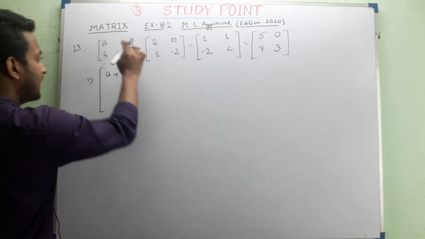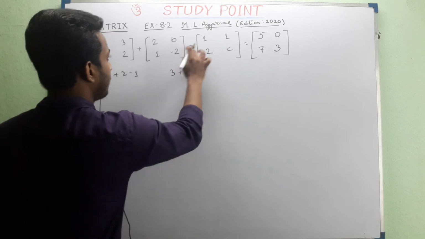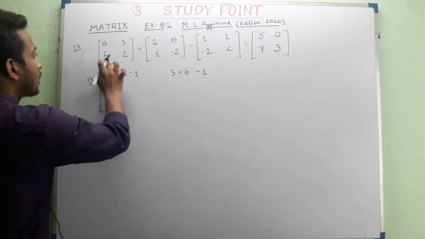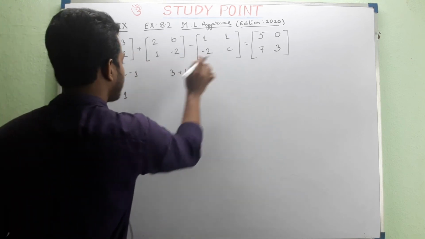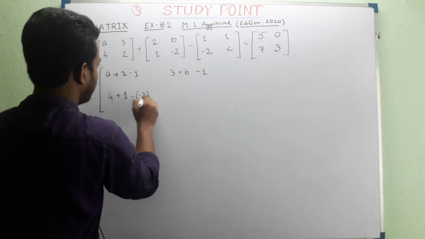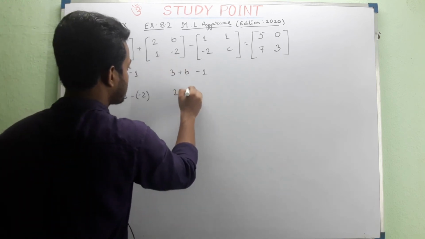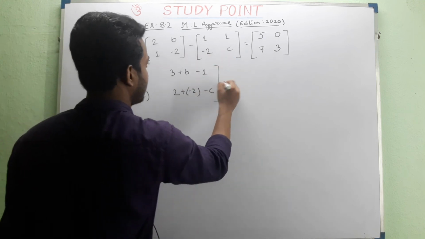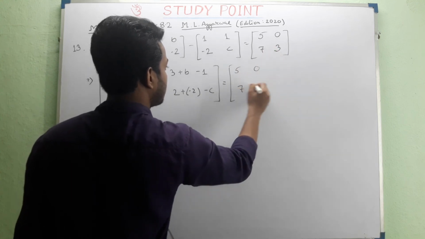For the second one, 3 plus b minus 1. Here 4 plus 1, 4 plus 1 minus of minus 2, and this one will be 2 plus of minus 2 minus c. That is equal to the right side, the same thing we have to write over here.